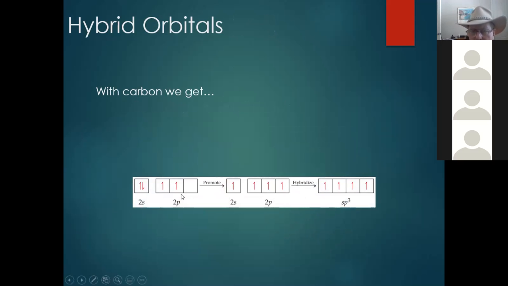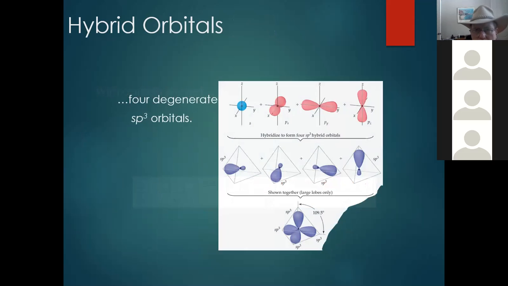When I have carbon, this is the atomic orbital diagram for carbon. I promote 1, and hybridize all of the orbitals with 1 electron. This gives me 4 sp3 orbitals. They're degenerate.